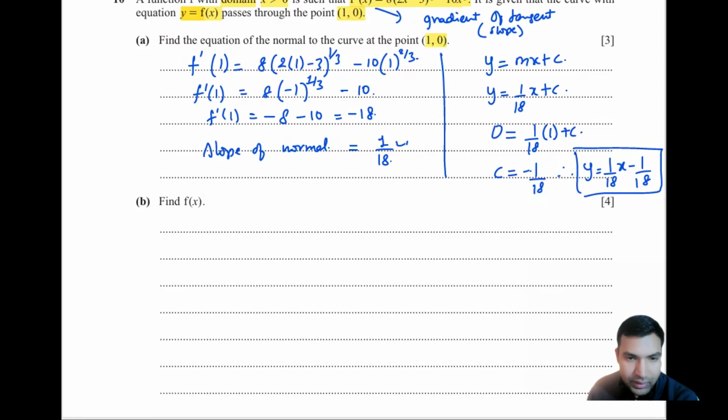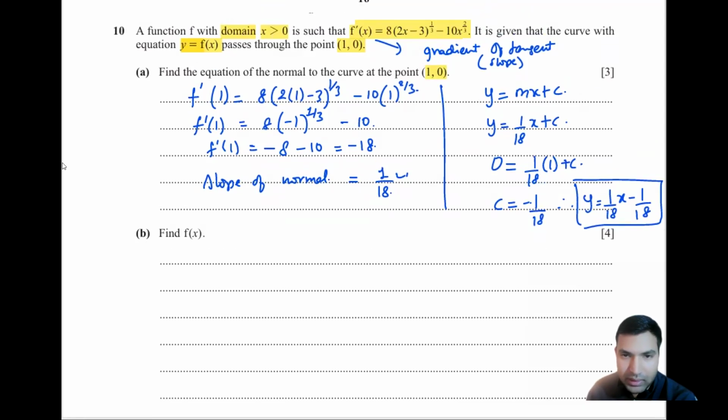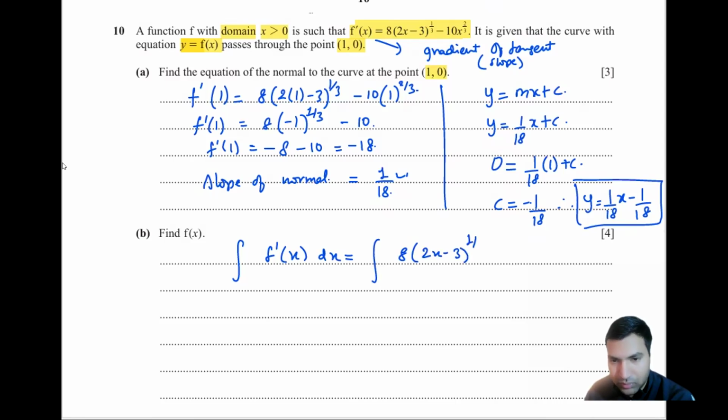Now I need to find the value of f of x, right? The derivative is given, so I need to integrate f dash of x with respect to x on both sides. So the integral of 8 times (2x minus 3) to the power 1/3 minus 10x to the power 2/3, with respect to x.